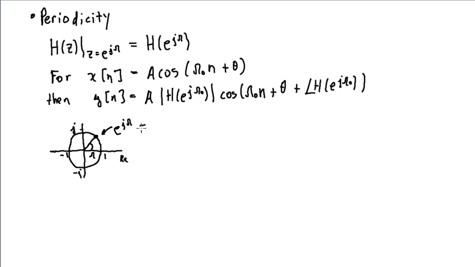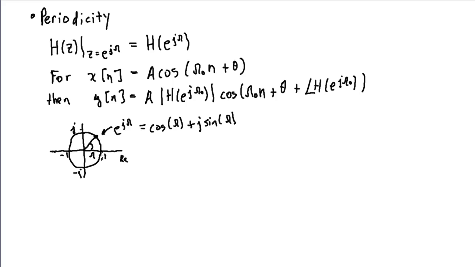Again, from Euler's formula, we have this is equal to cosine omega plus j sine omega. Of course, it is an exponential form already with an implicit radius of 1.